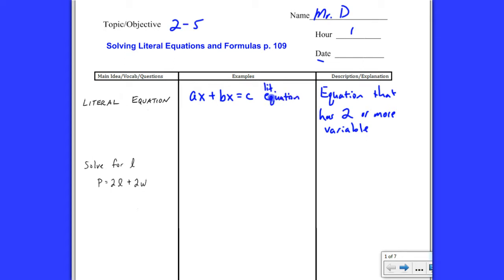Or you could have something maybe that you know, such as A equals pi r squared. And hopefully you know that that means the area of a circle. So that's a formula. Okay, so it can be either one of those kinds of things. That's why we call it literal equations and formulas.